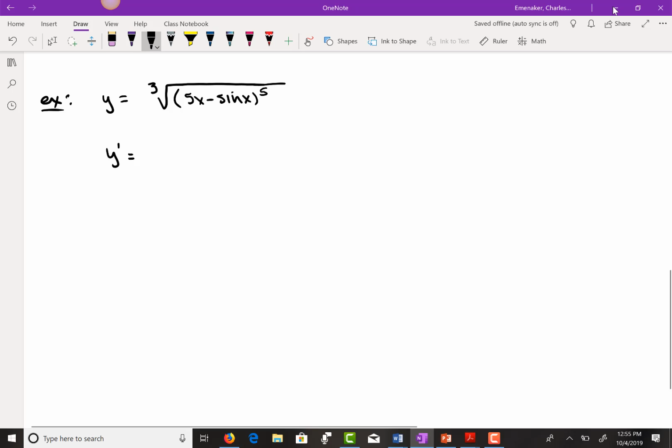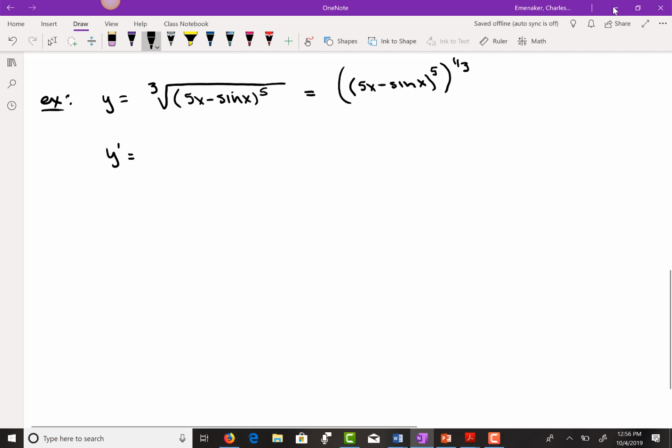All right. Okay, gentlemen, what's the first move on this problem? The first thing you do toward taking the derivative, what's it going to be? 5/3. Yeah. Now, you can do that in 2 stages or 1 stage. Right now we have this 5x minus sine of x raised to the 5th, and we're doing the cube root of that whole deal, aren't we?